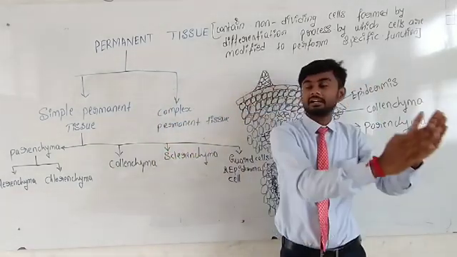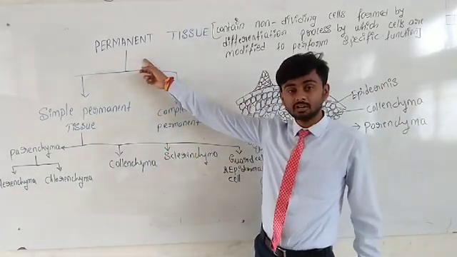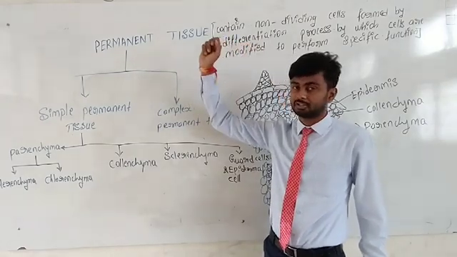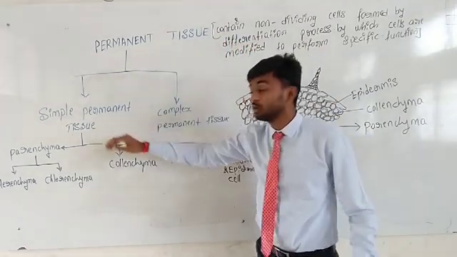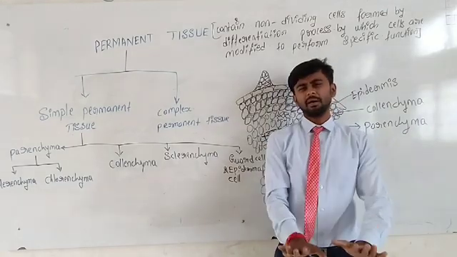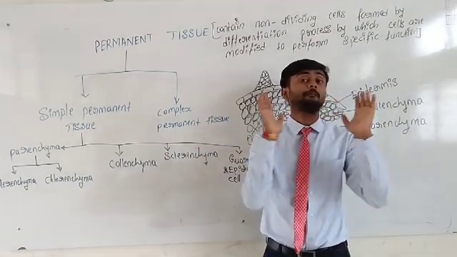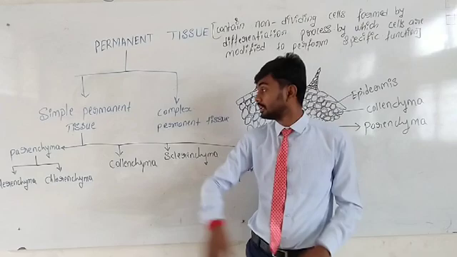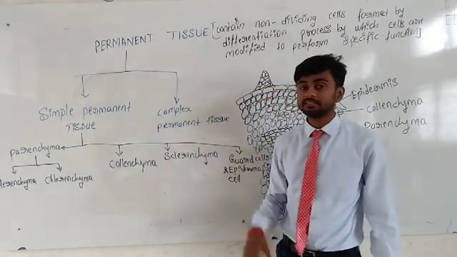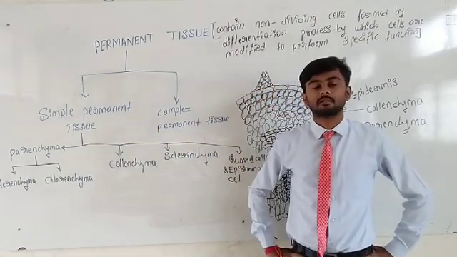The permanent tissue is also a type of plant tissue, and it can be divided into two types: simple permanent tissue and complex permanent tissue.